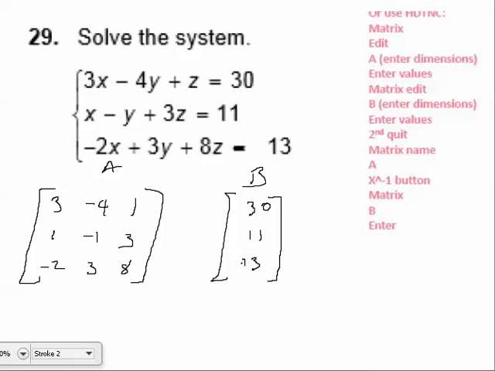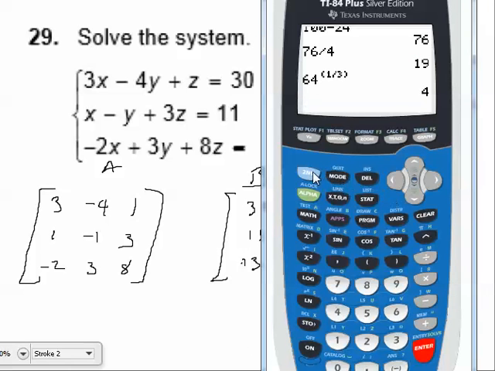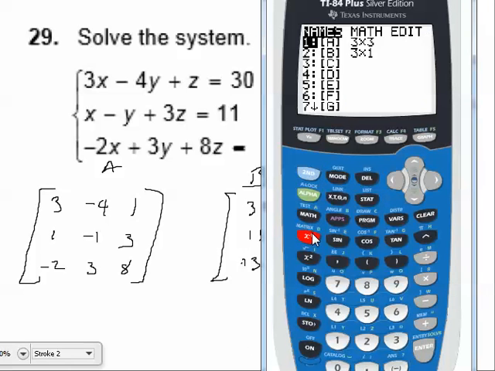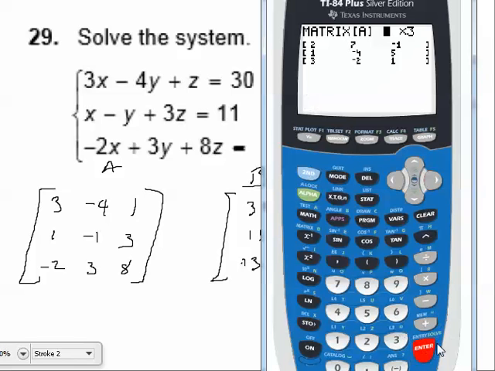Okay, so I'm going to bring up my calculator here, and I'm going to press second matrix, and go into A. I'm going to edit A, and I'm going to say it's a 3 by 3, and it's going to be a 3, a -4, a 1, a 1, a -1, and a 3, a -2, a 3, and an 8.